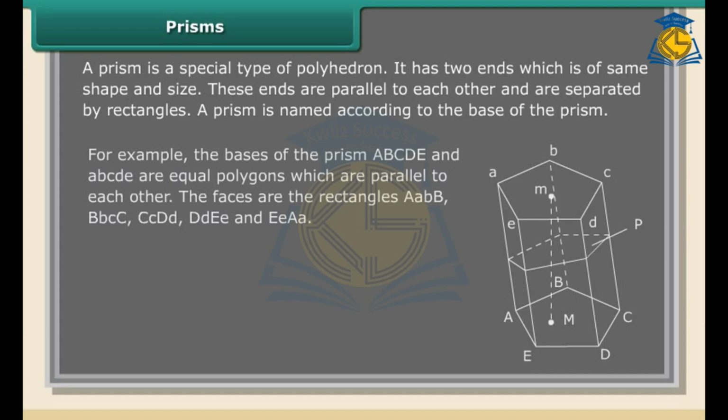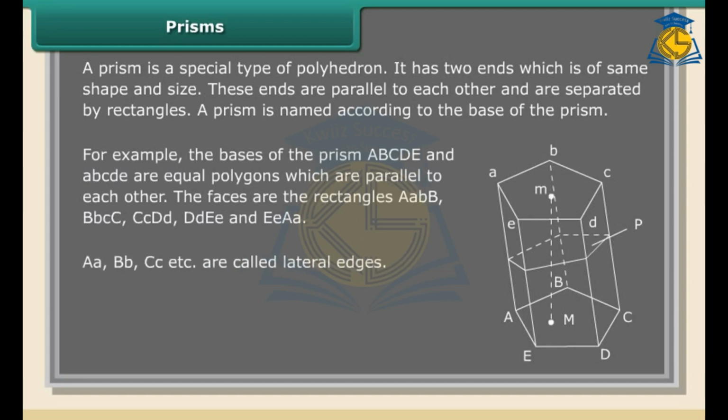The faces are the rectangles AA'B'B, BB'C'C, CC'D'D, DD'E'E and EE'A'A. AA', BB', CC', etc. are called lateral edges.